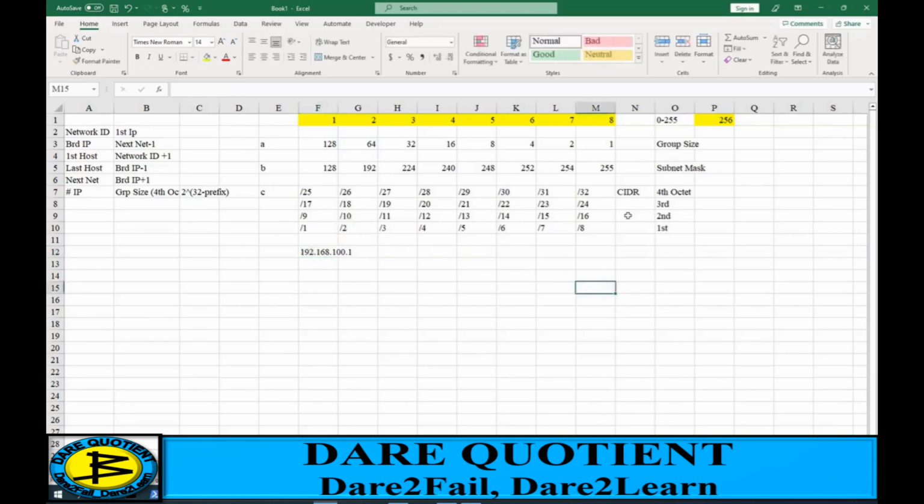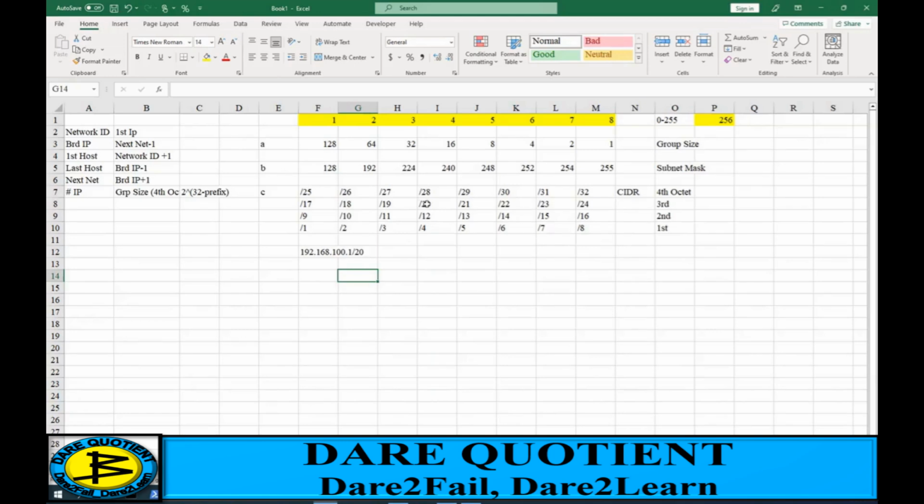So whenever you have a slash, that tells you which octet you're dealing with. So let's say we had this IP address and we had a slash, let's say a /20. So we'll have an IP like this and a /20.